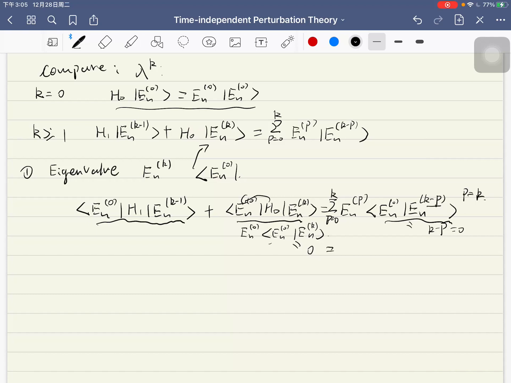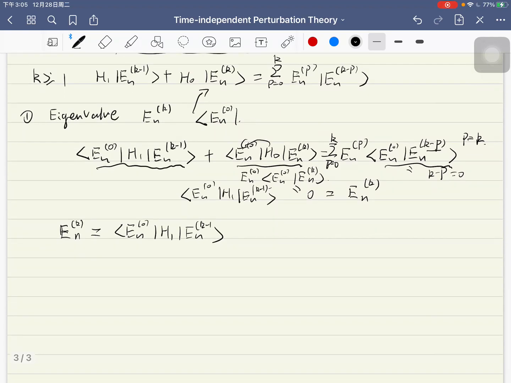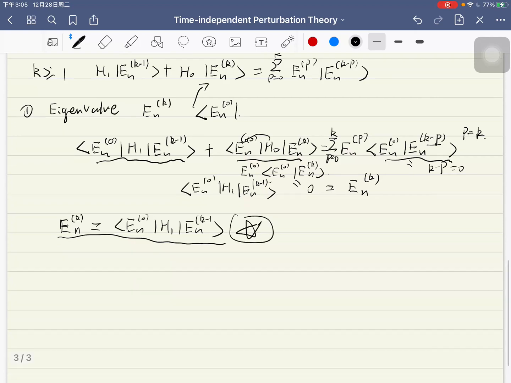So the right-hand side is En(k), and the left-hand side is <n0|H1|n(k-1)>. So the energy correction at the k-th order is En(k) equals <n0|H1|n(k-1)>. Our first job is done: we have calculated the k-th order eigenvalue correction En(k). This is a very important formula.